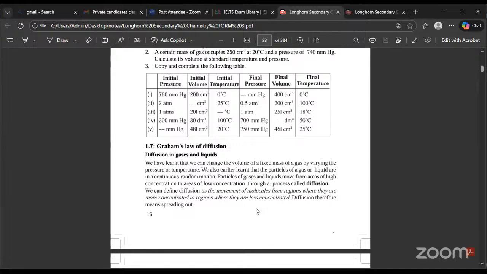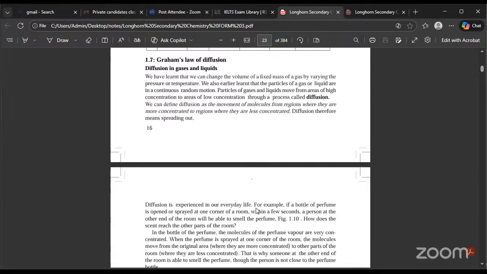So that one is diffusion. If you borrow the definition of diffusion from biology or from other subjects, it is okay because it ends up giving the same meaning. Diffusion basically means spreading out.